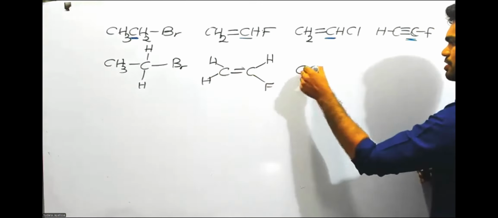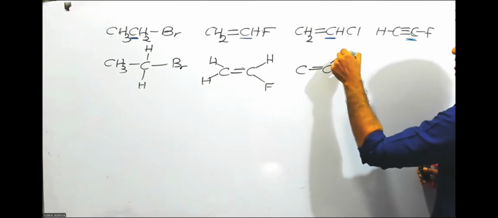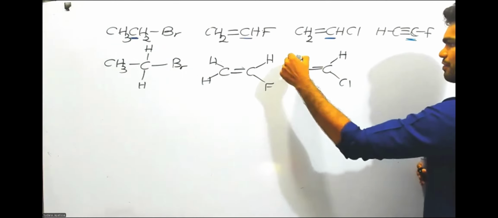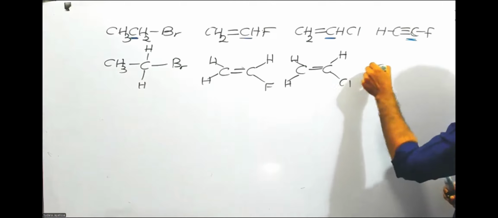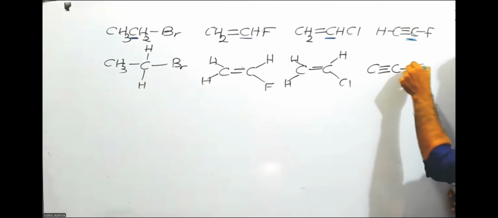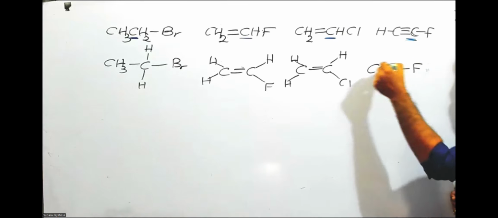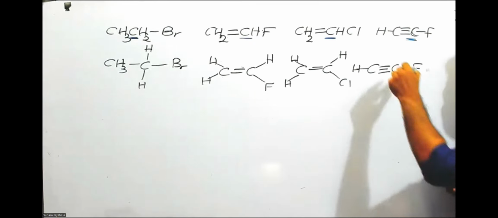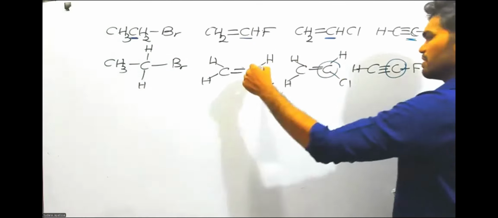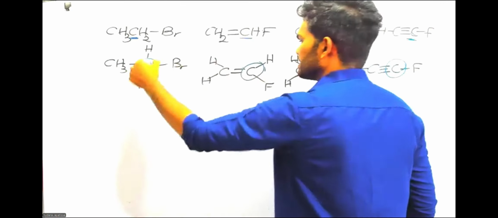In this molecule also, you have a similar double bond, and you have a chlorine atom instead of fluorine. In this one, you have a triple bond between 2 carbon atoms, and fluorine is bonded to one of those triple bonded carbons. Now these are the atoms they are asking for the electronegativity. You can circle them.